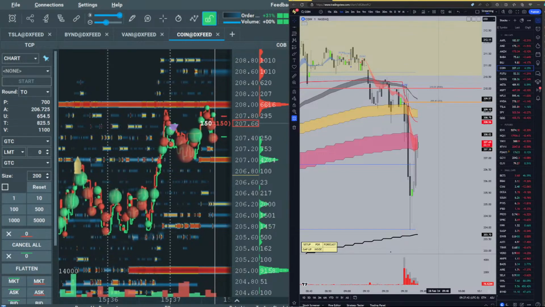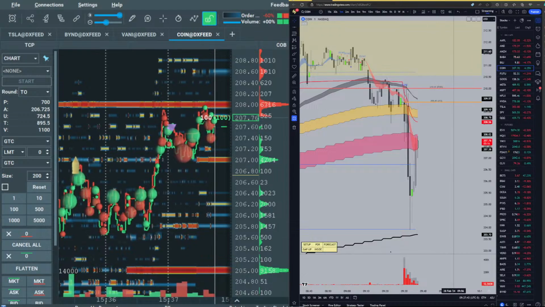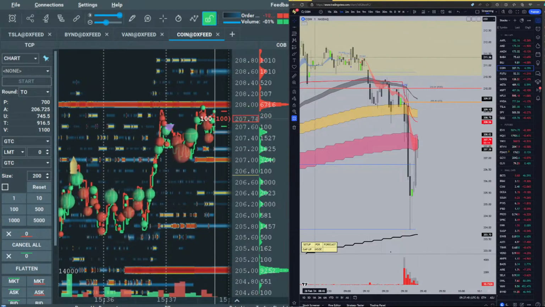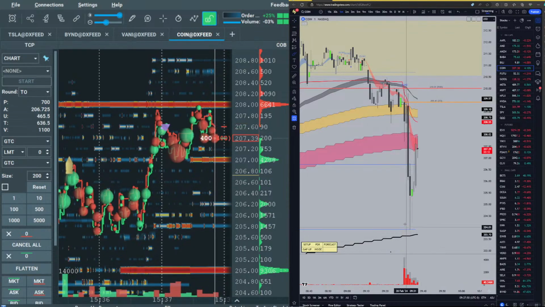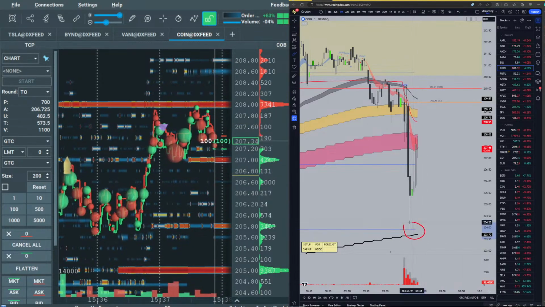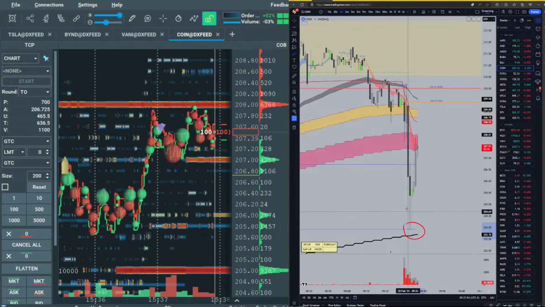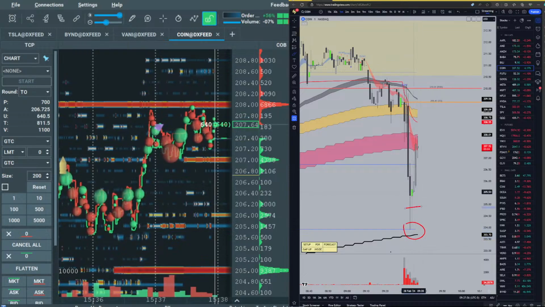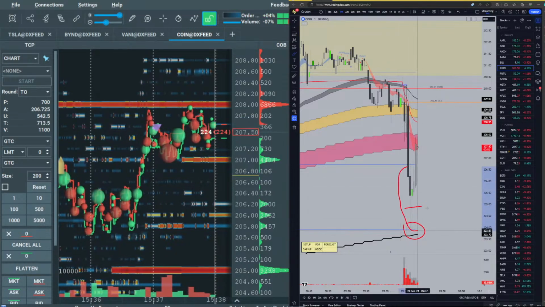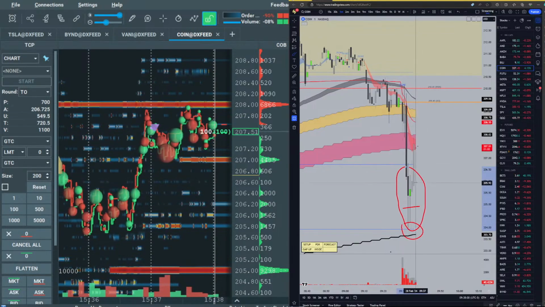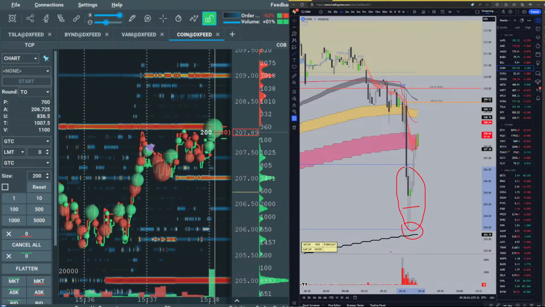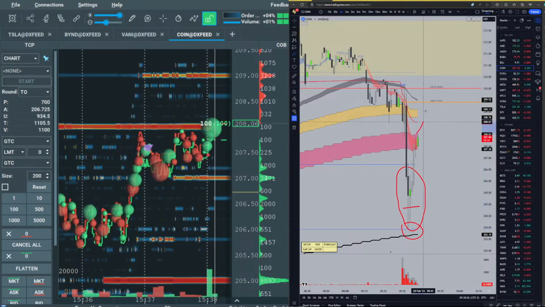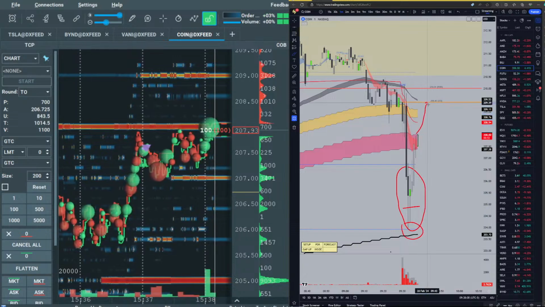So COIN over here, we took the dip. Remember, we had over here a big heat map, and then more 205. This zone over here formed a morning star. I see volume over here in every single dip that we had on Bookmap. So now the target is going to be over here 209 and 50.